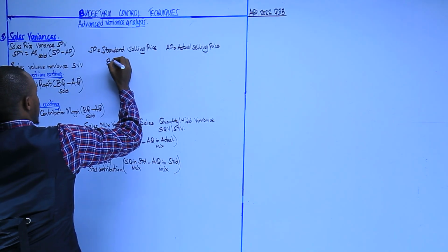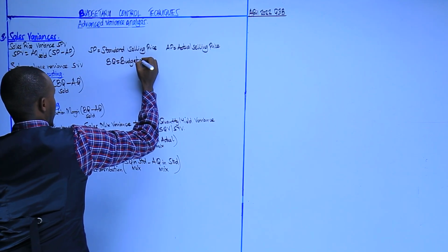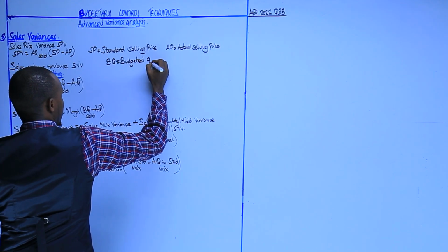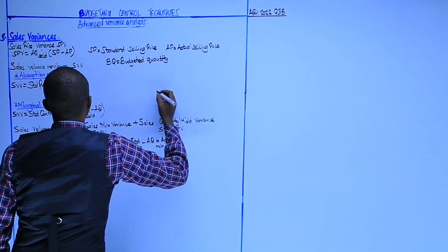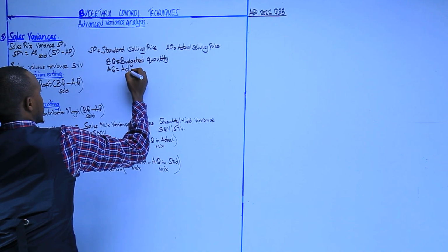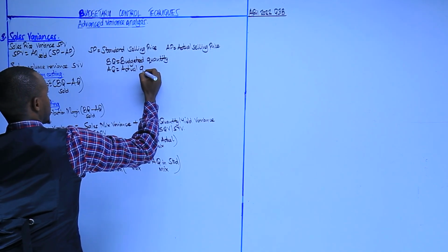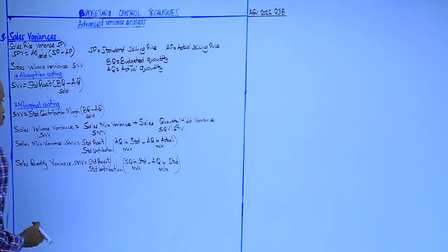It is also important to highlight what this means. Before we forget, that is your budgeted quantity. That is your actual quantity. I think all the other items we have them.